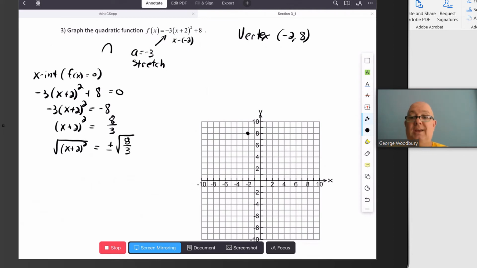Now, if we need an exact value, we've got a little cleaning up. We want to rationalize that denominator. But if we don't need the exact value and we're just trying to get this point onto the graph, we can go to the calculator a little sooner. I'm going to show you both approaches. On the left side, we've got x plus 2.